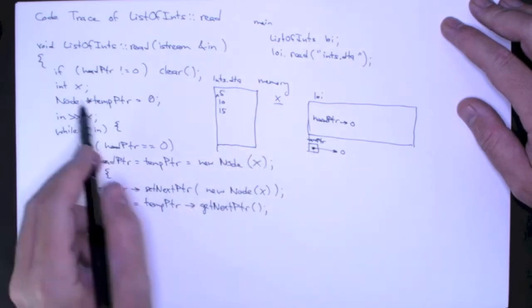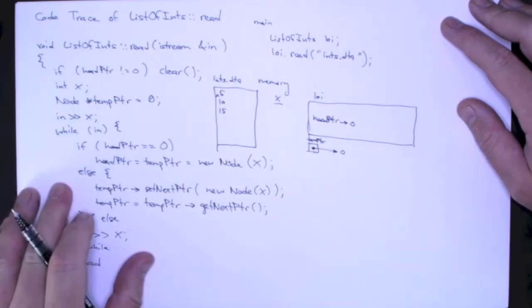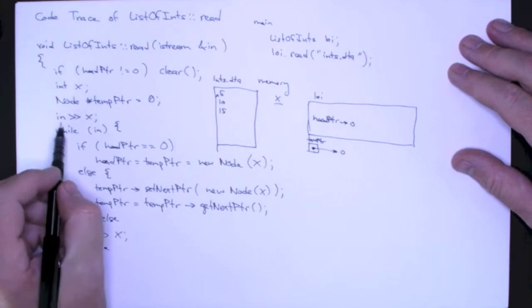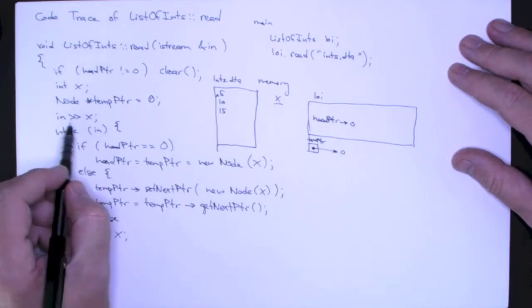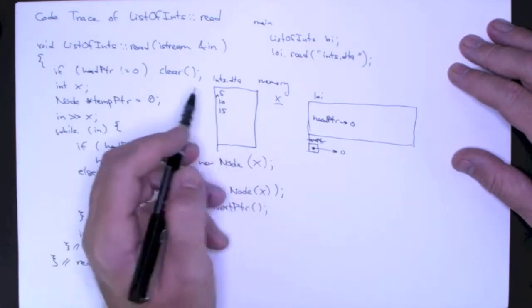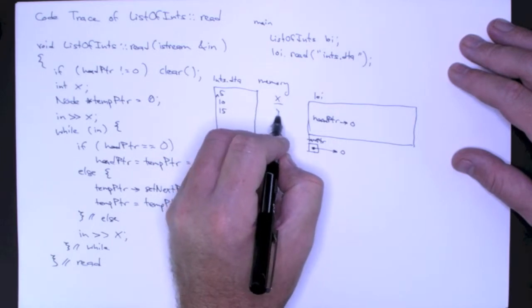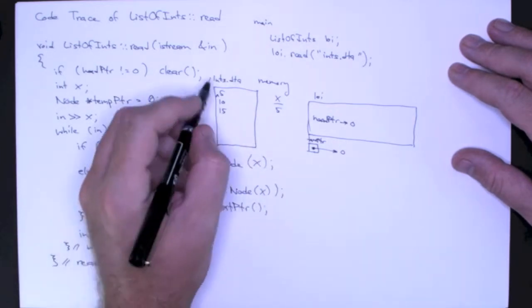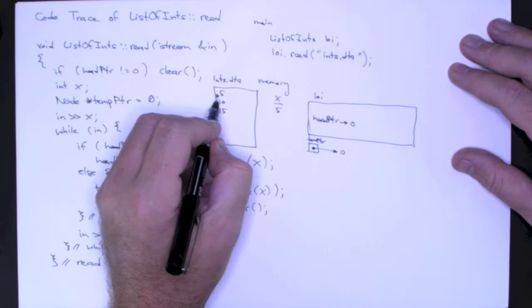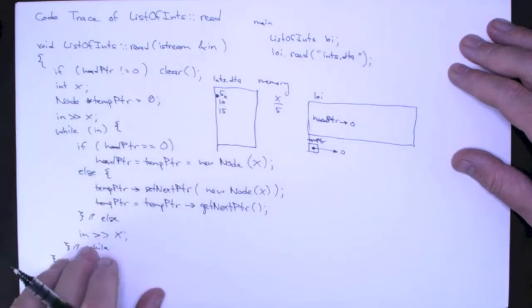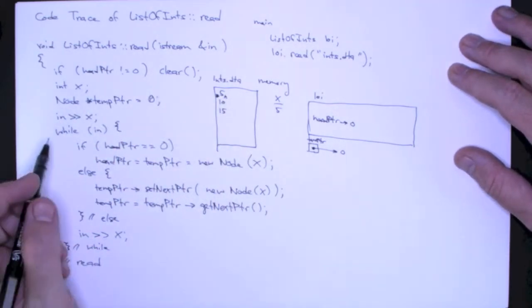Put temp pointer there, and we make it point to null. Next thing we do is read a value from the input stream into x. So we're going to read 5. That will be x's value, and our little reading pointer advances to the other side of 5 in the stream.